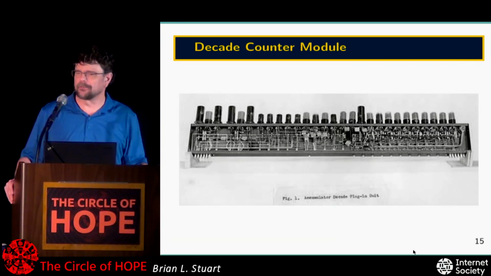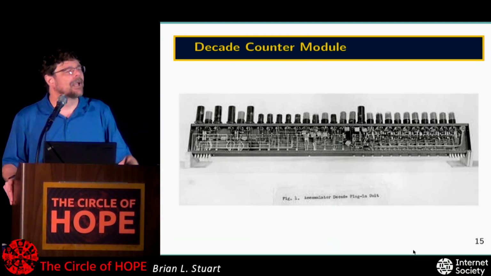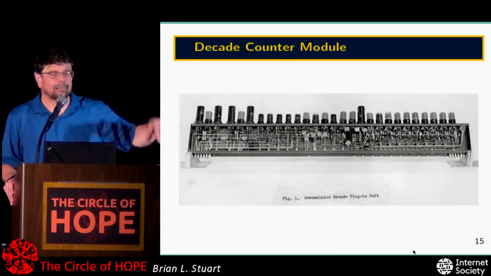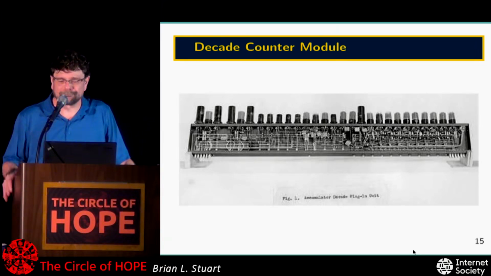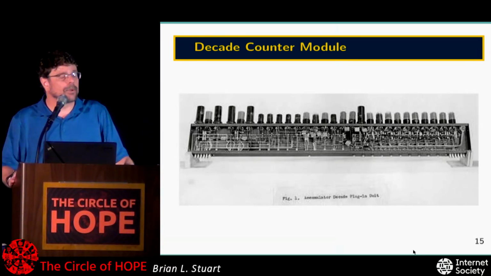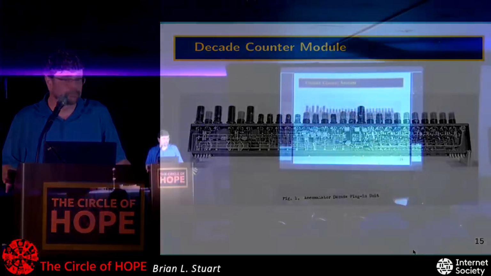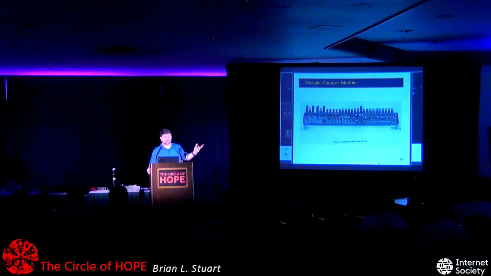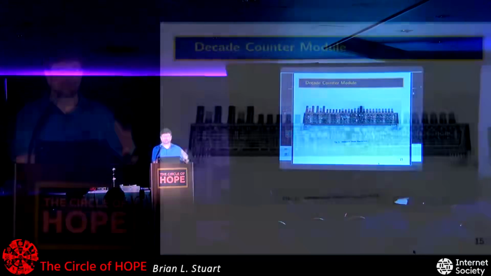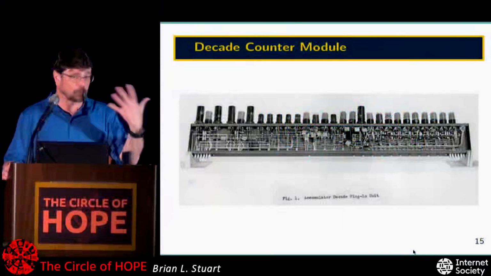It's about 3 to 4 feet long. And as you can tell, it's got about 20 tubes on it. And there were 10 of these per accumulator. And as I said, 20 accumulators. So there were 200 of these digits that were just the data being operated on, not to mention similar structures for control and counting repeats and so on.